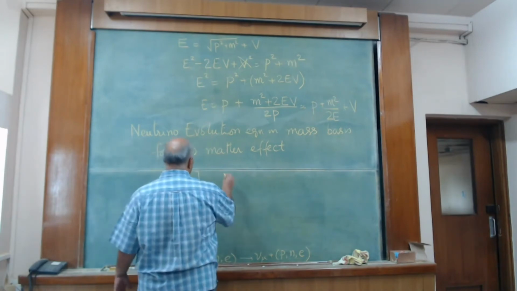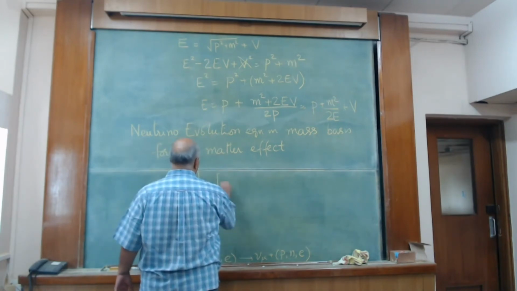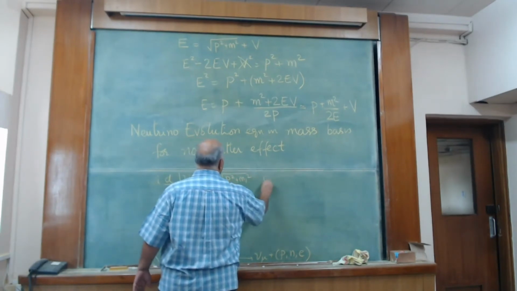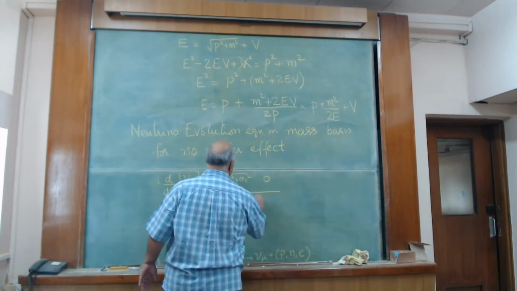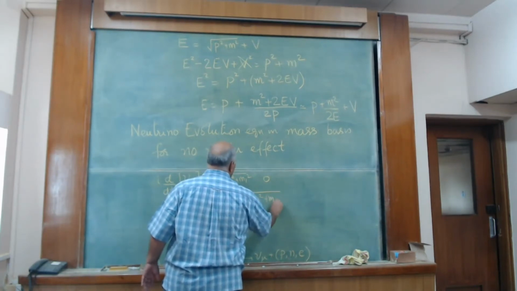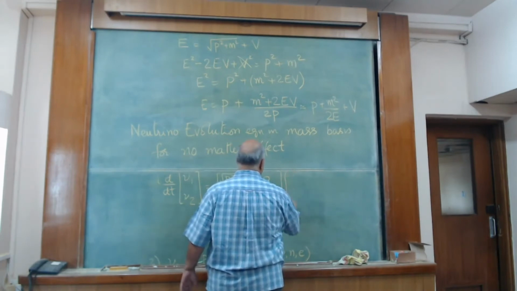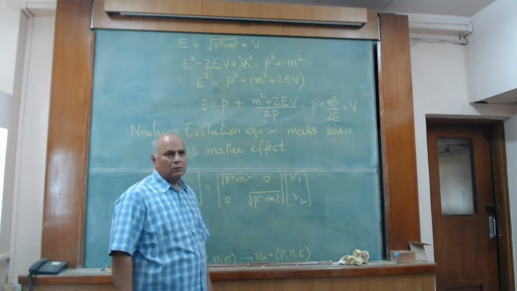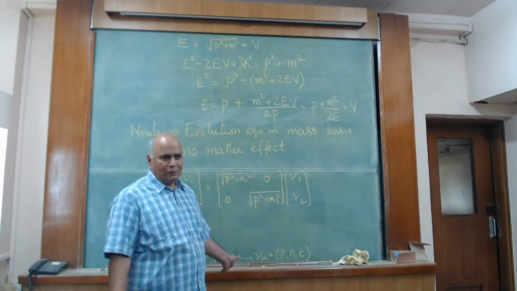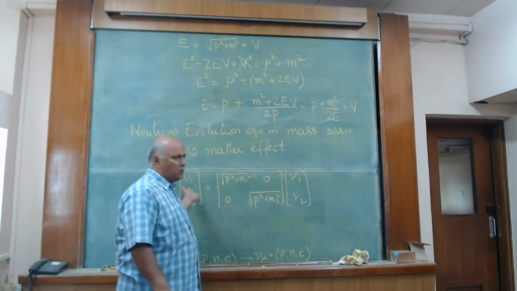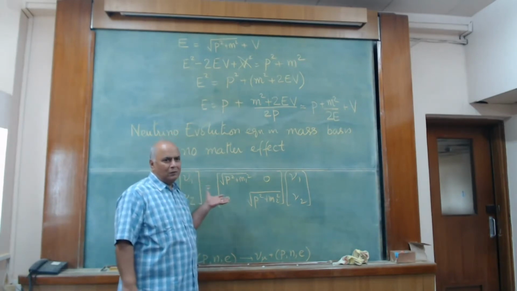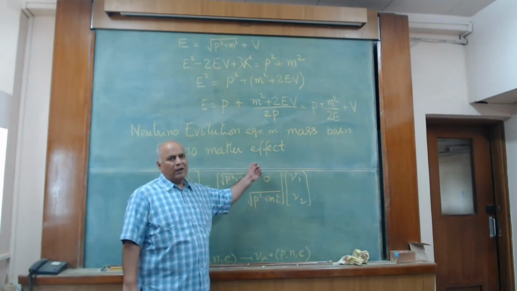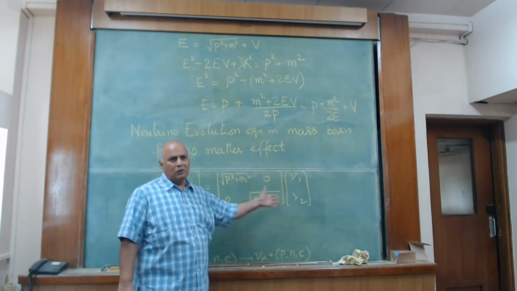And this is root p square plus m1 square, 0, 0, root p square plus m2 square. You agree to this? So, simple Schrodinger equation. And so nu1 of t is exponential minus i E1 t nu1 of 0, and so on.